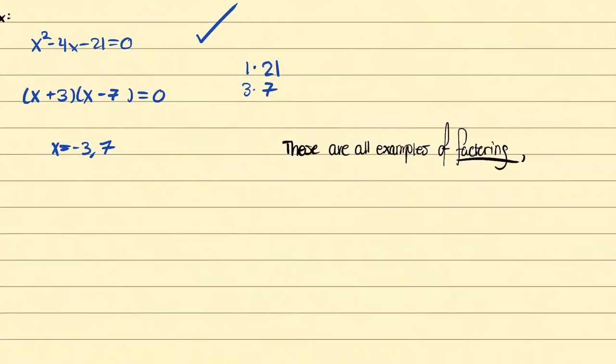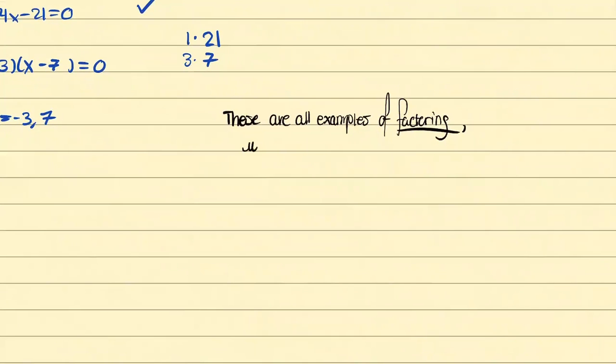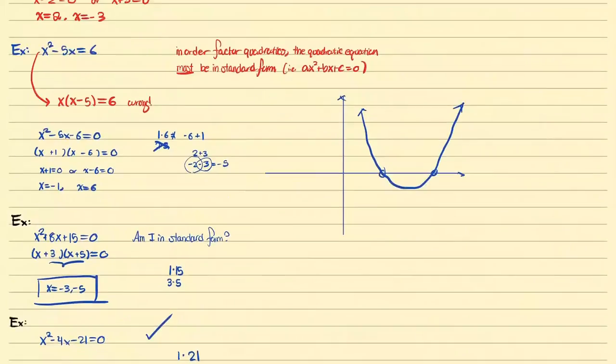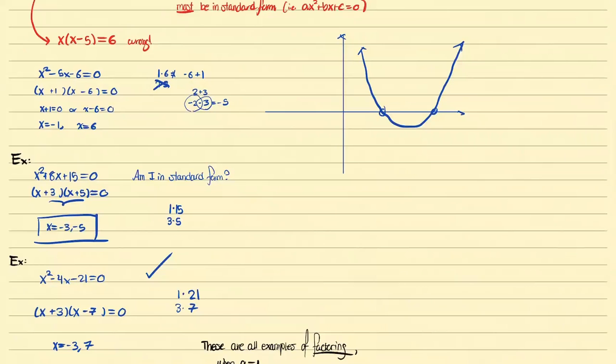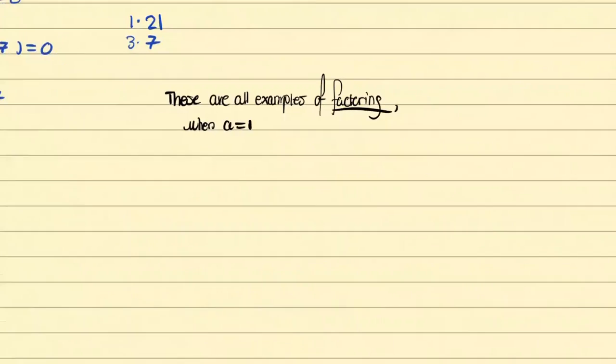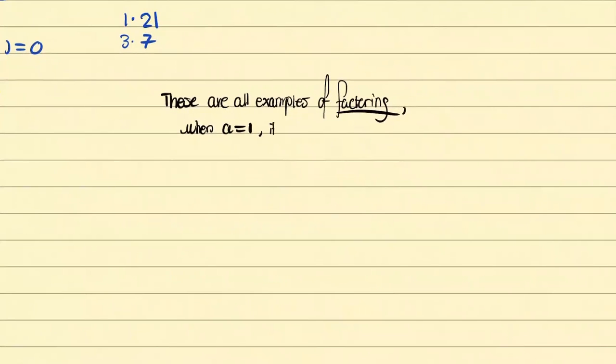But it's not always easy, and it's not always applicable. Sometimes we need to use other techniques. So when a is equal to 1, a being that term that's way outside in front of, adjacent to the x squared term, that a term. Notice a is 1 here, a is 1 here, a is 1 here. When a is 1, it's relatively easy.